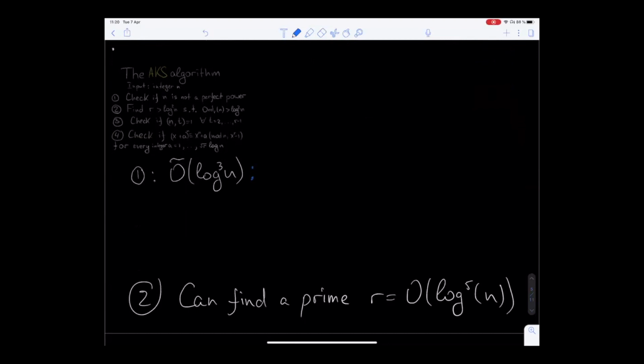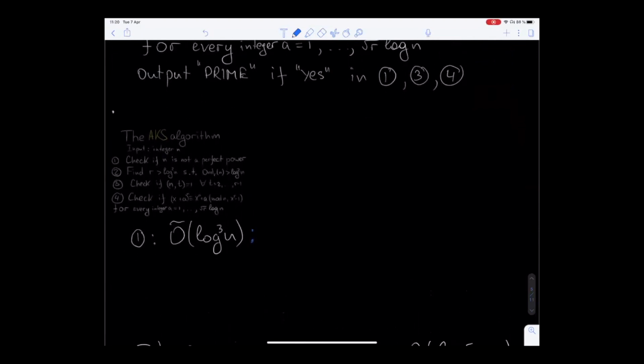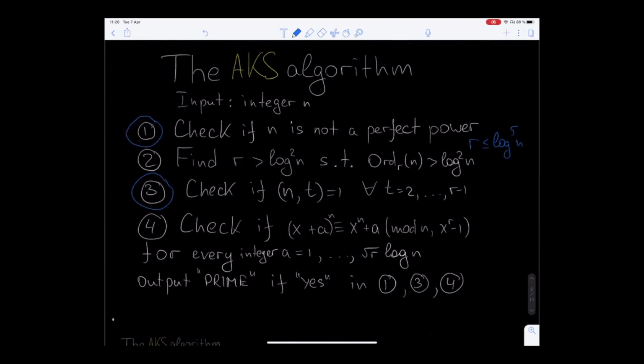Or maybe wait, before I go into time analysis, let's again look at the algorithm and convince ourselves that prime numbers will pass this. Clearly, prime numbers pass the first step. The second step is guaranteed to us for any number. Third step, again, prime numbers pass because they're relatively prime to anything.